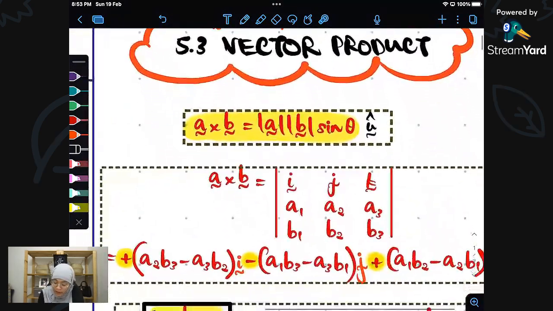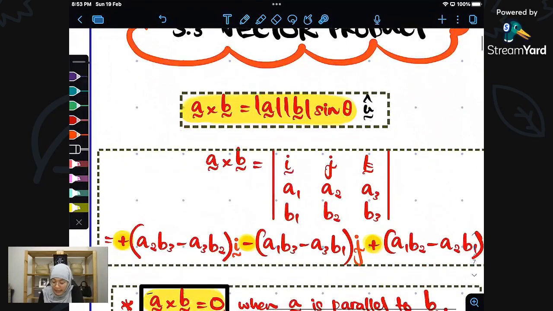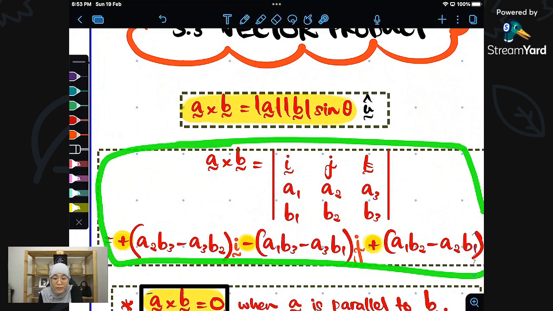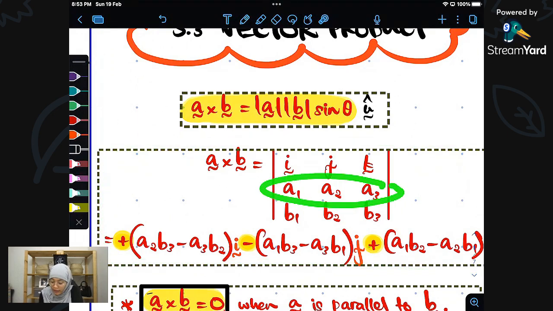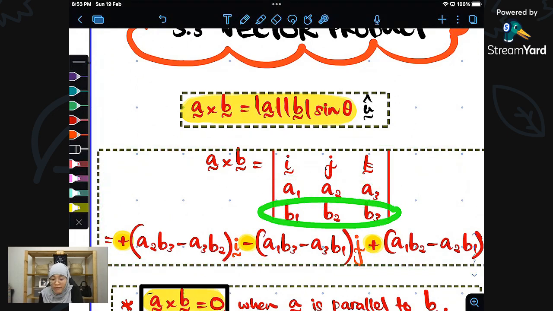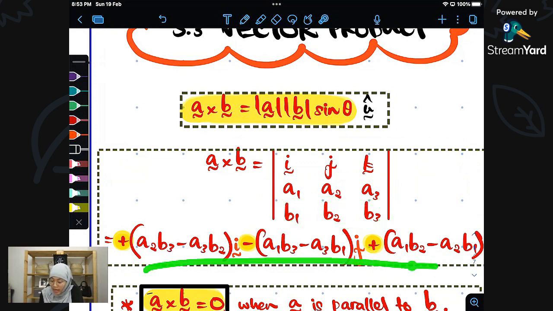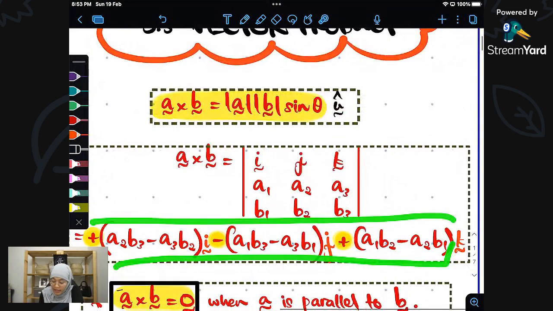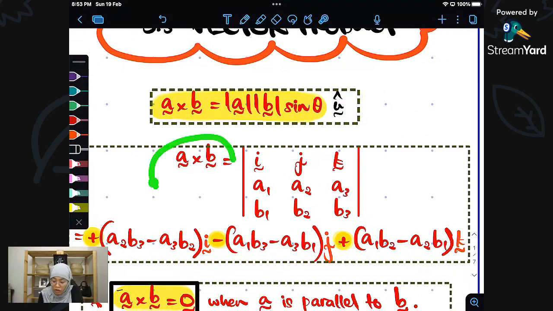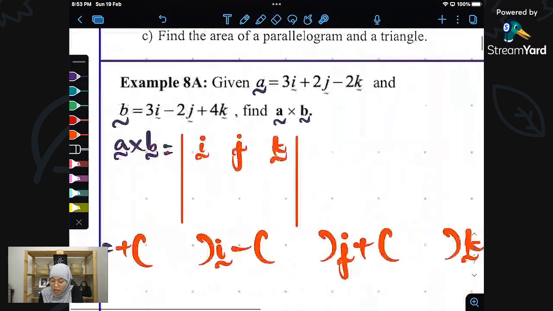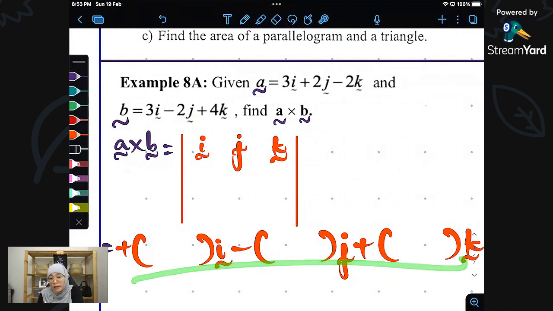These are the formula of the vector product, and this is the very important formula for A cross B. This is the first vector A, and this is the second vector B, and this is the way to solve and find the vector A cross B. I'll show you one by one how we put down our vectors A and B, and then we will start in here.